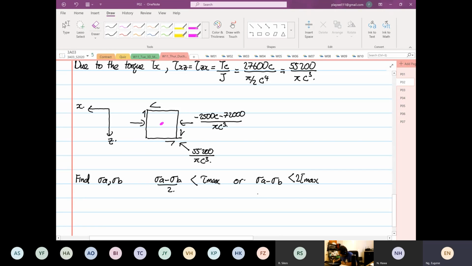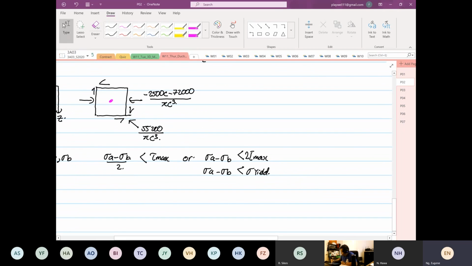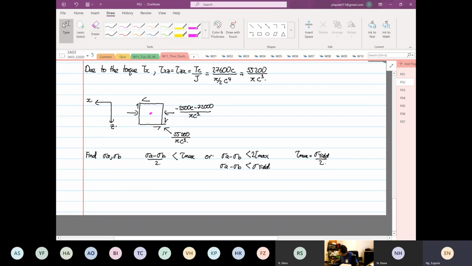This expression can be written as stress A minus stress B must be less than stress U, because in ductile material, tau max is equal to stress U divided by 2, for this relationship.